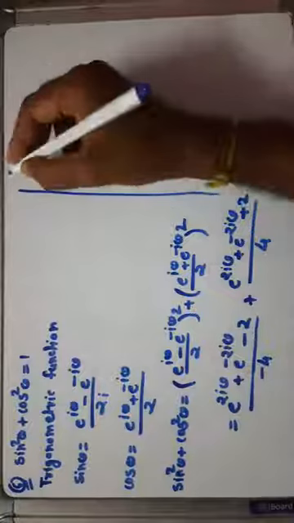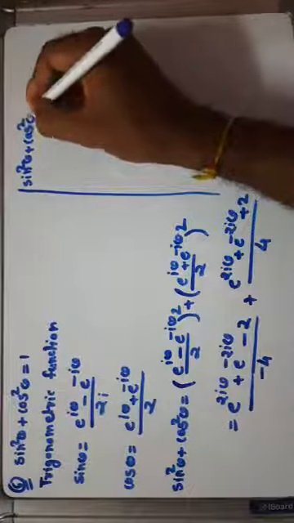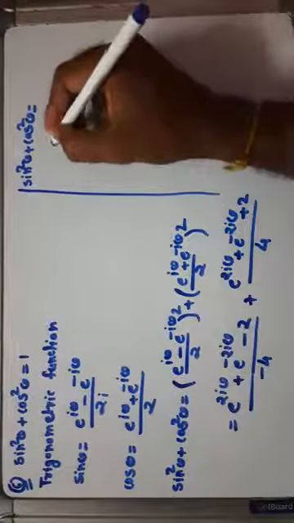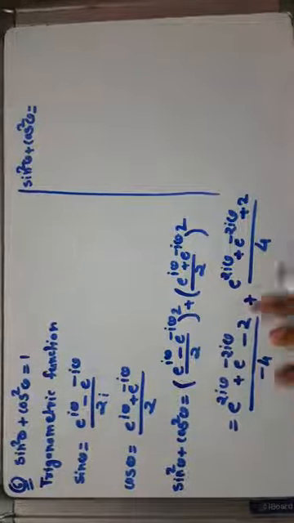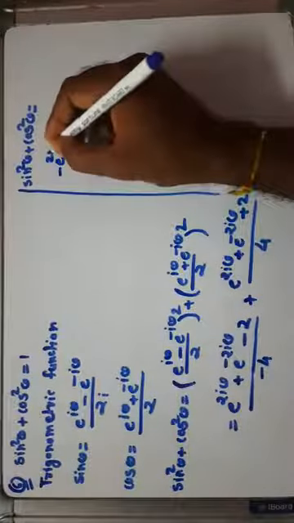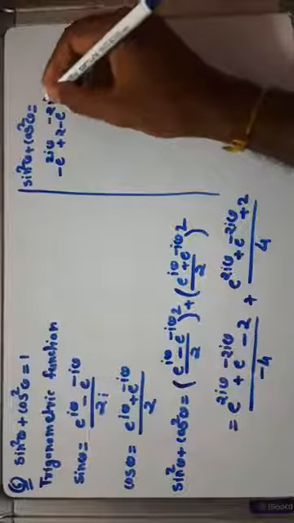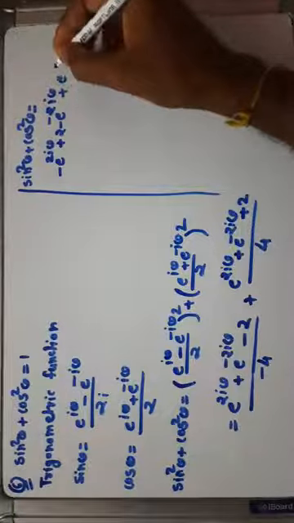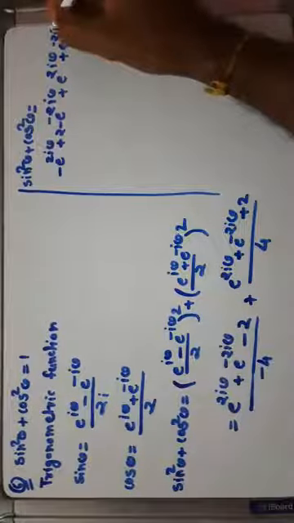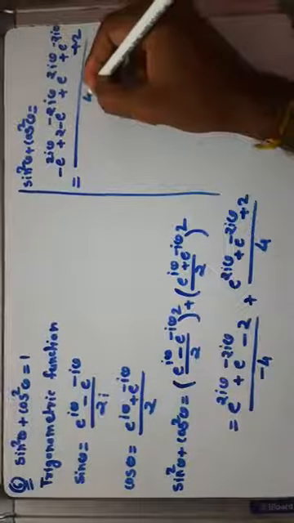Then sin square theta plus cos square theta is equal to this, taking the minus sign in here, that means minus e raised to 2i theta plus 2 minus e raised to minus 2i theta plus e raised to 2i theta plus e raised to minus 2i theta plus 2, divided by 4.